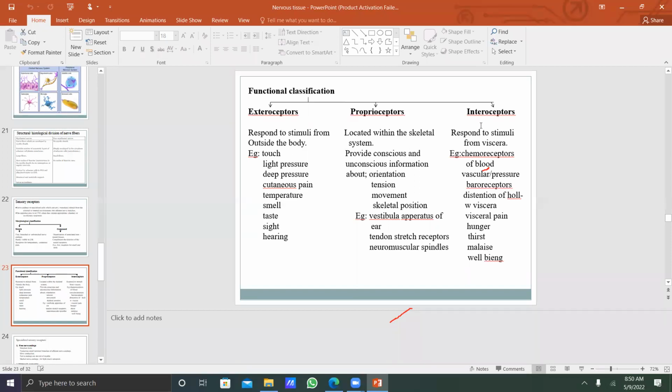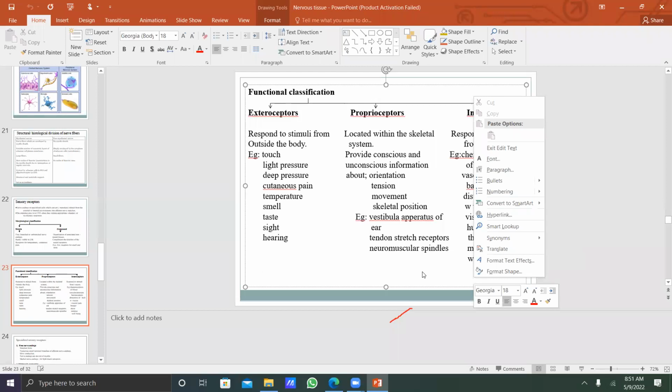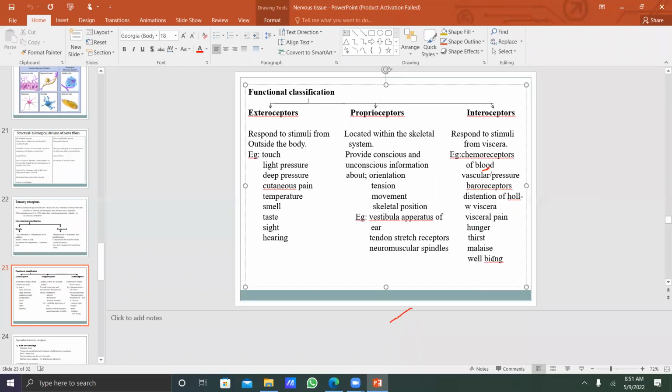The interoceptors are the ones that respond to stimuli from the viscera, the internal organs. Examples for the interoceptors are the chemoreceptors of blood, vascular or pressure baroreceptors, distension of the hollow viscera such as the bowel and the bladder, visceral pain, hunger, thirst, and well-being of the body.